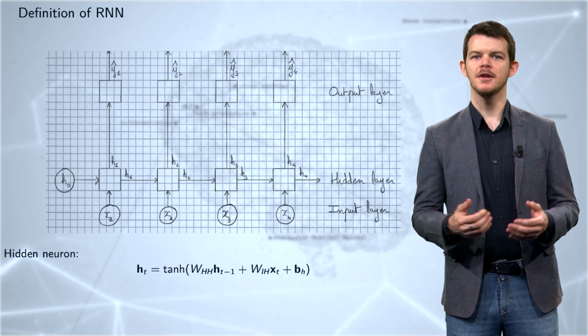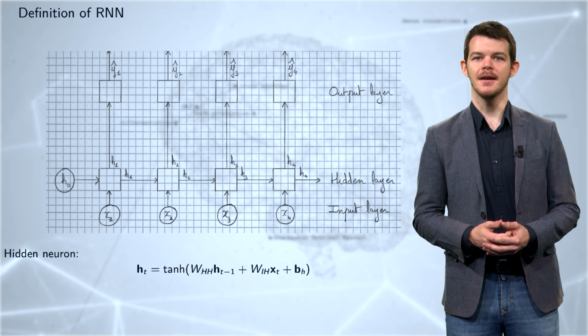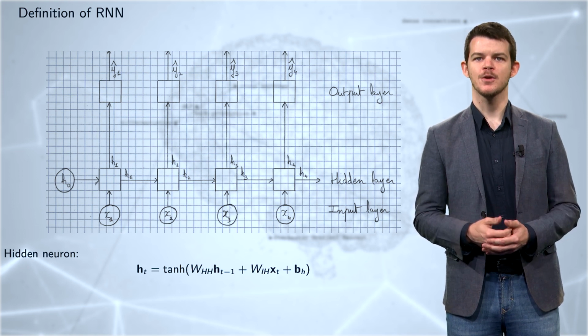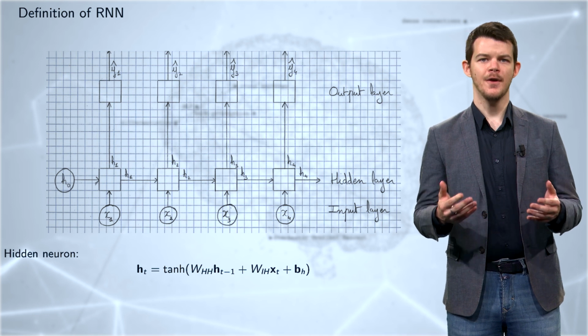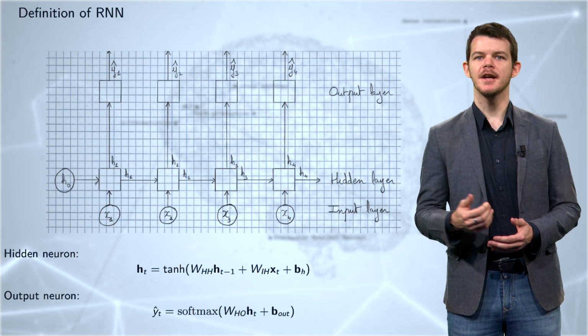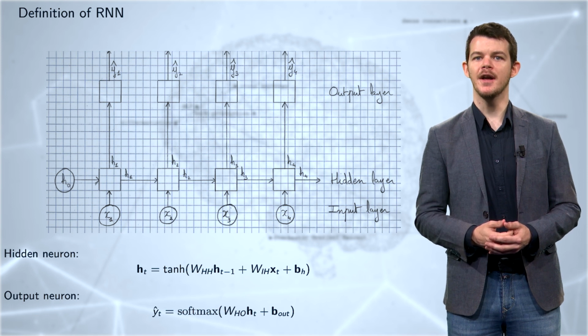This formula closely resembles that of neurons in ANN, except that here, since we have vectors as inputs, the weights WHH and WIH are matrices. Finally, the output is given by the softmax function applied to a linear combination of the components of Ht plus a bias B out.